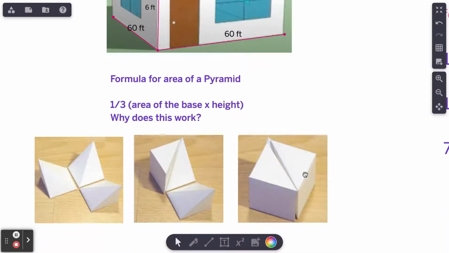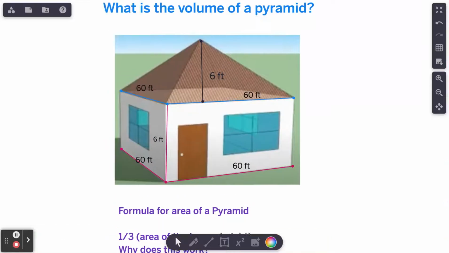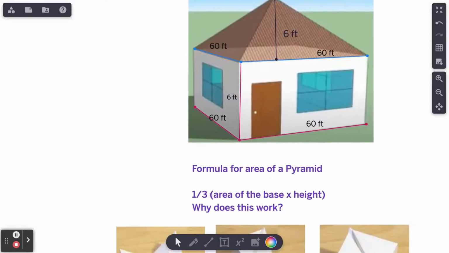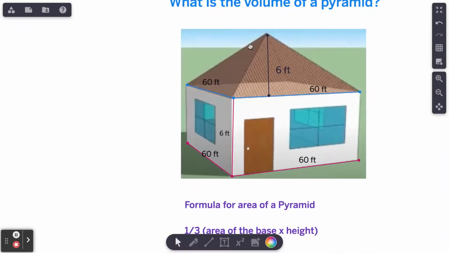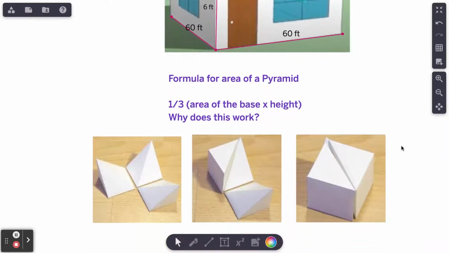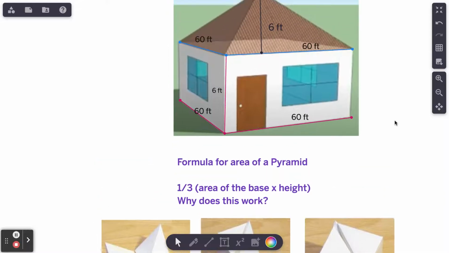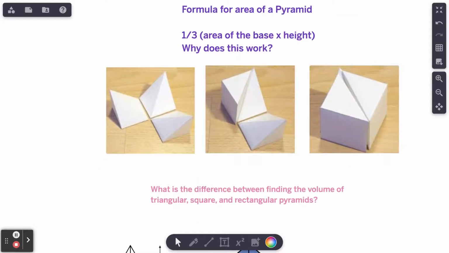We don't need all three. So if we use the same formula that we use to find the volume of a cube, we can do 1/3 of that, because this pyramid is going to be 1/3 of the volume of this cube. So we only need one of them. So that's why it would work.